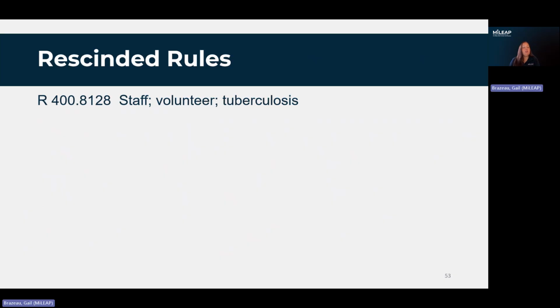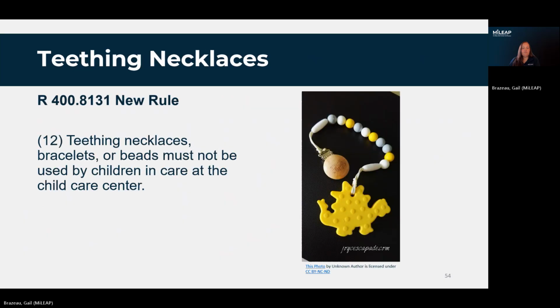Now we're going to look at a rescinded rule, and it is Rule 8128 regarding staff and volunteer tuberculosis tests. You are no longer required to assure that staff and volunteers have a TB test on file. Rule 8131, subrule 12, is a new rule regarding teething necklaces, and it states teething necklaces, bracelets, or beads must not be used by children in care at the child care center.